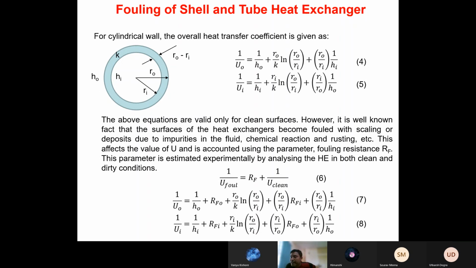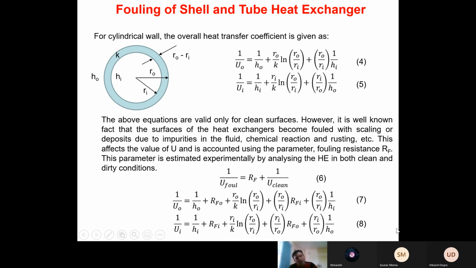It's not like that. It's not that the entire surface will be fouled. It will be fouled in patches here and there. So both these Hi and RFI will be present. But your point is very well taken. Is it clear? Does it make sense to everyone?